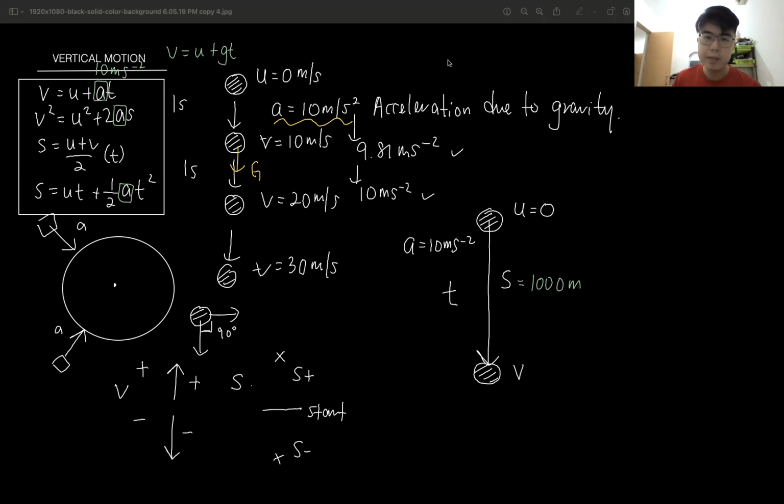Then I write down what I know. U equals 0, because I started from rest. Acceleration equals 10. And the distance equals 1000 meters. Again, you got 3: 1, 2, 3.